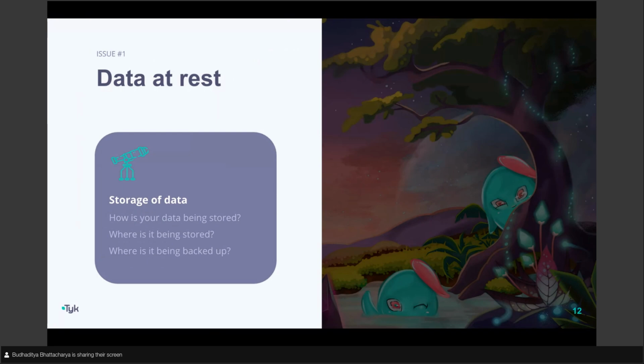This could depend on how your solution has been architected. It could mean an on-premises setup where you own the data center, or you have your own local data center where this is being hosted. Or it could also mean looking at cloud-hosted solutions and how they are handling it. Now, there is a bit of a convenience versus control debate.